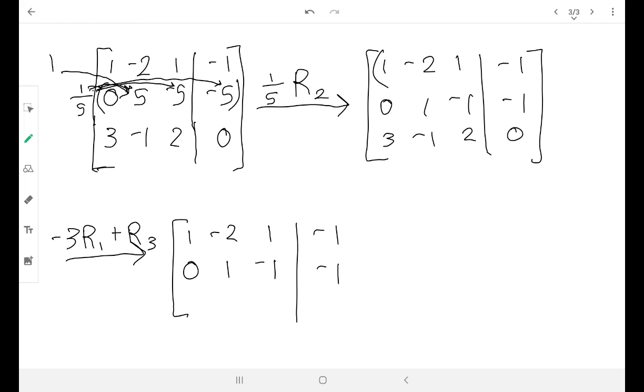So I'm taking row 1, multiplying it by -3, and adding those new numbers to row 3 to create a new row 3. So -3 times 1 is -3. -3 plus 3 is 0. That was the actual goal. And then -3 times -2 is +6.